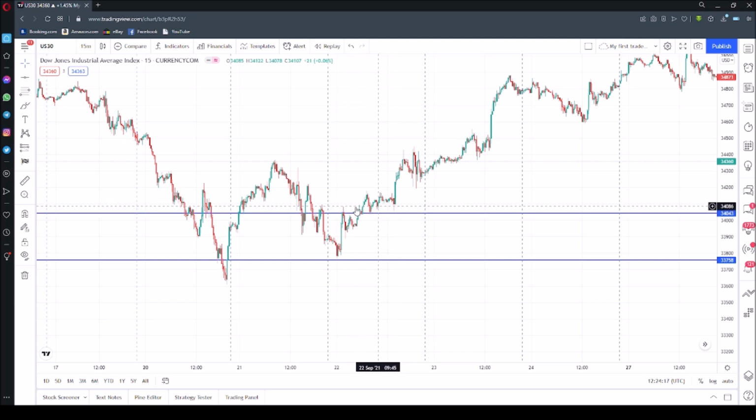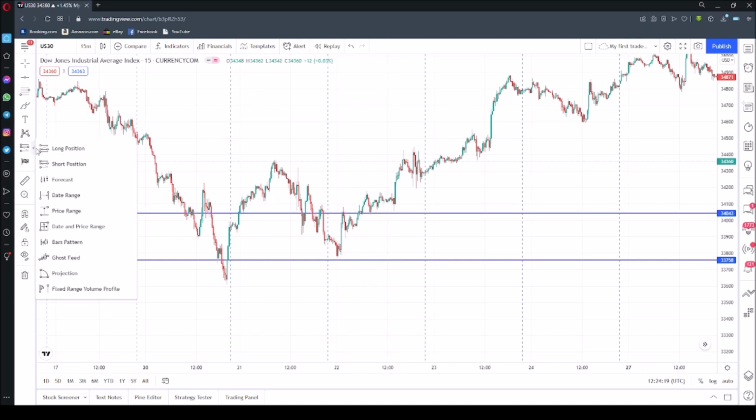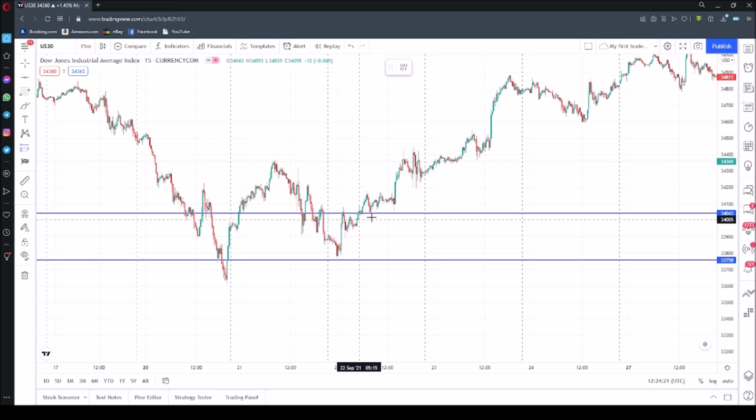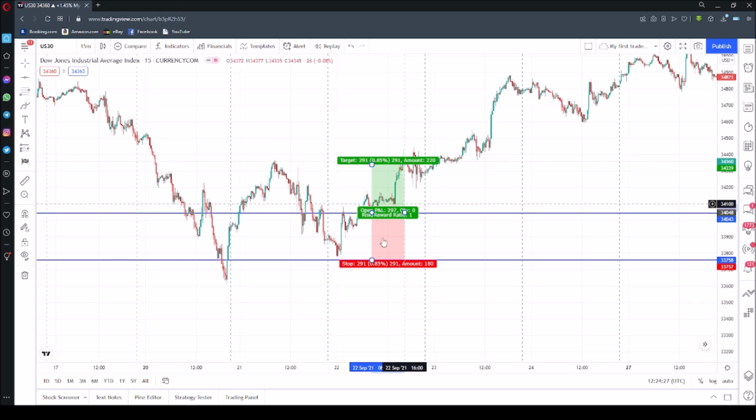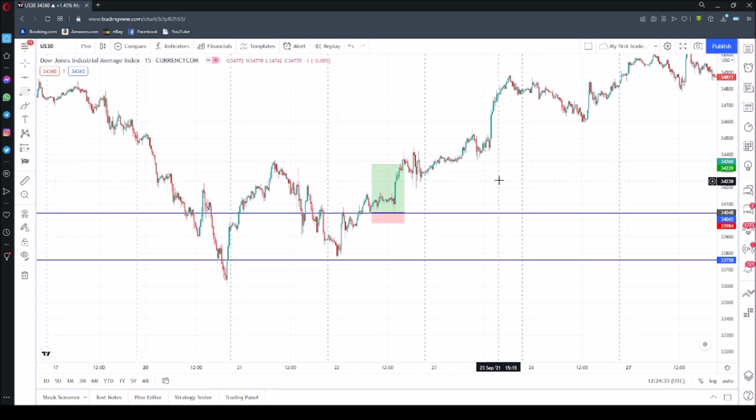So our entry was going to be at this point, where we had a retest of our perceived point of entry, right?